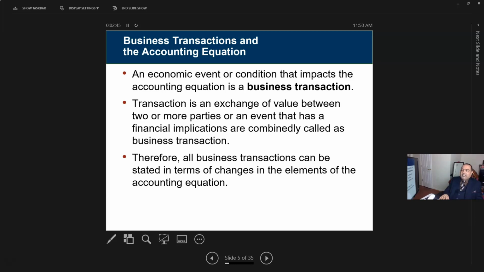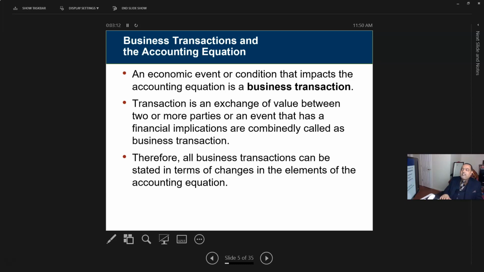Some people classify them as external and internal, meaning transactions as external transactions and events, as I described, as internal transactions. So you will also see that kind of nomenclature. However, the bottom line is all business transactions can be stated in terms of changes in the elements of the accounting equation.